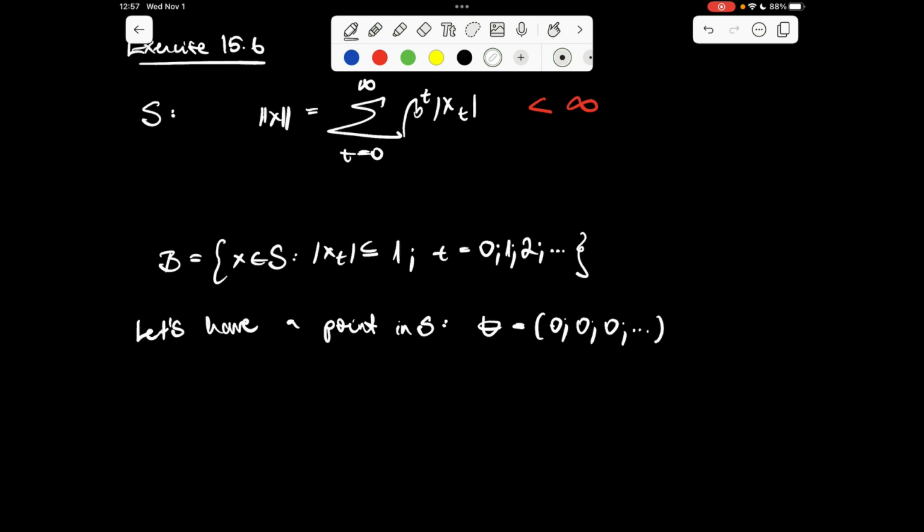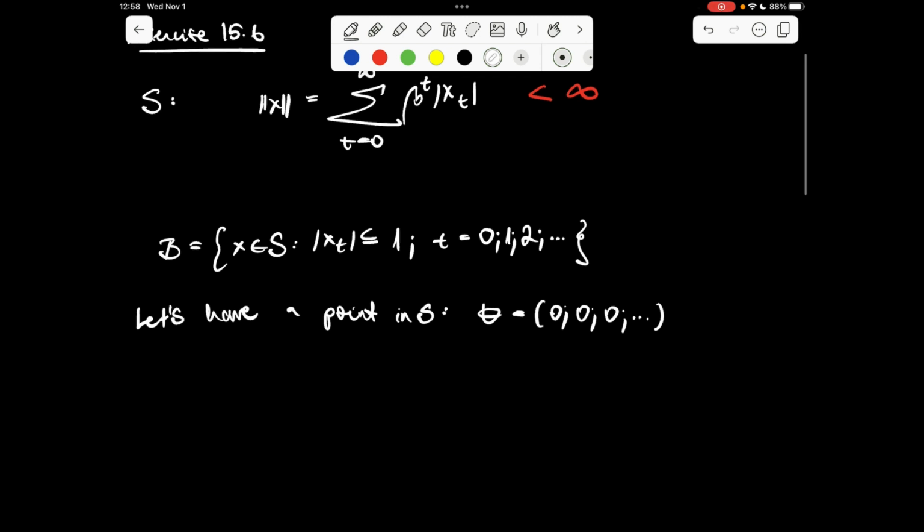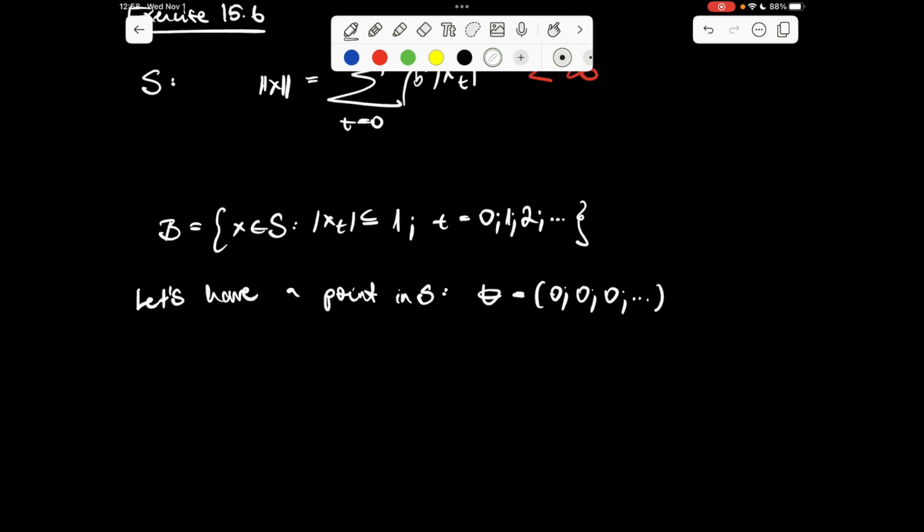If we could imagine a space of infinite dimensions, then point theta would be its origin in the coordinate system that represents this space.